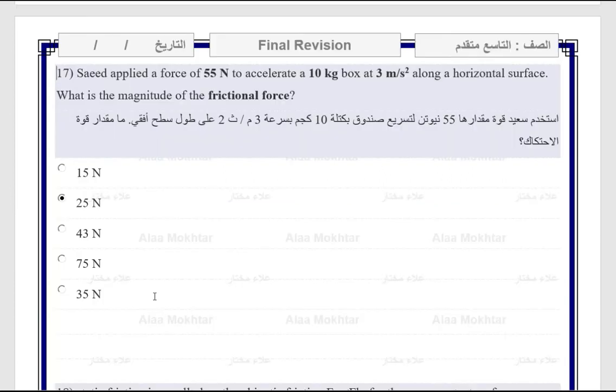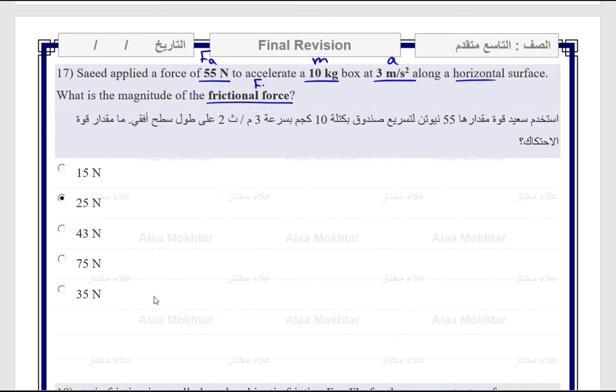Okay. Someone applied a force of 55 Newton, Fa, the applied force, to accelerate a 10 kilogram box, its mass, at 3 meter per second square along the horizontal surface. What is the magnitude of the frictional force?